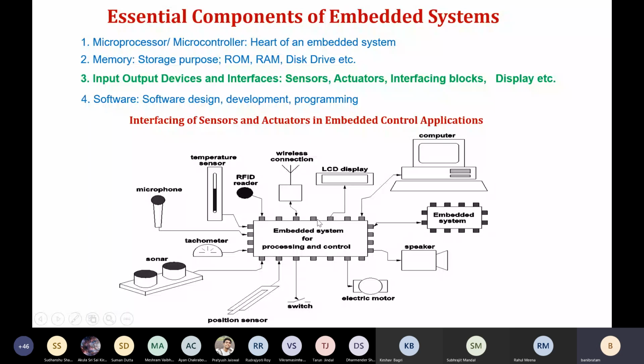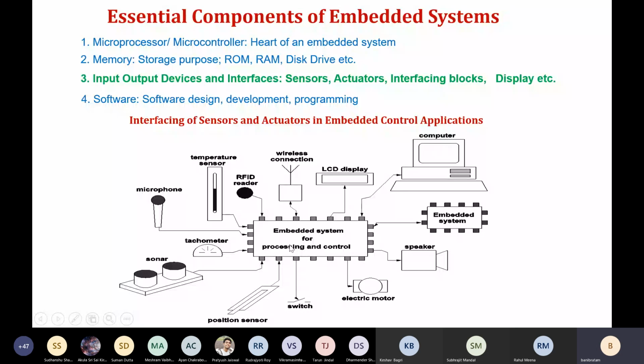So here we have this embedded system for processing and control. Depending on our applications, it can be a temperature control system, a speed control system for motors, some robotics application, or even a washing machine, as you have seen in the example. In any embedded control system, it necessarily has to interact with the external or real world.